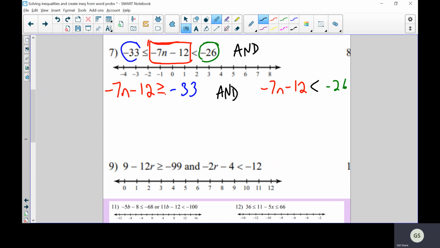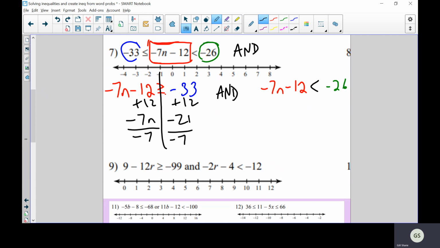Now we just solve it out like a two-step equation. So I'll solve it in black, that's fine. We add 12 to both sides. If you do it there, I get rid of the 12 there, but then I got to do it here. That gives me negative 21. I bring down the negative 7n because that negative sign is glued to that 7, so I have to include it when I divide.